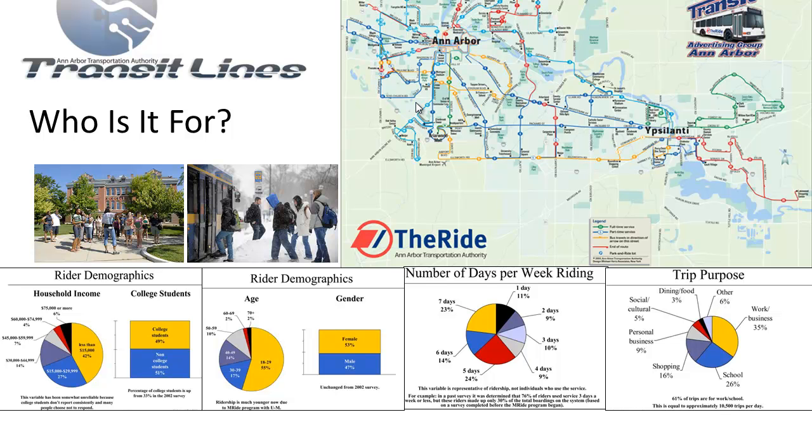Now, what does this mean for Transit Lines? In terms of Transit Lines, what makes the situation cohesive is the fact that you have a large technological community as students nowadays.